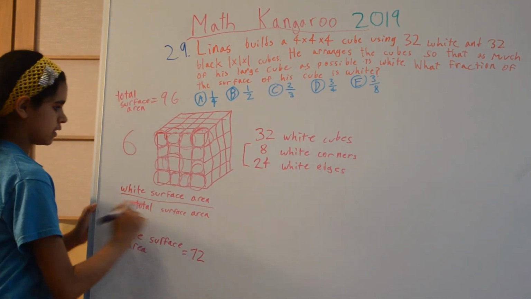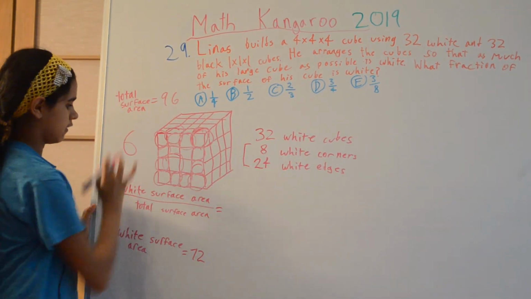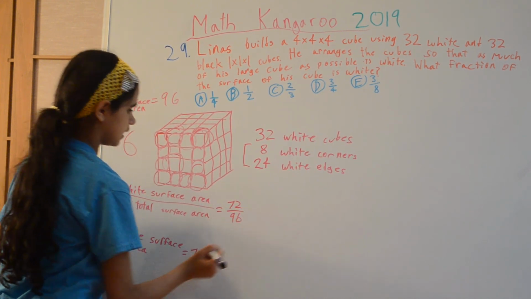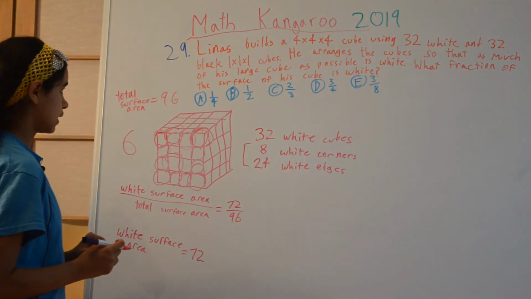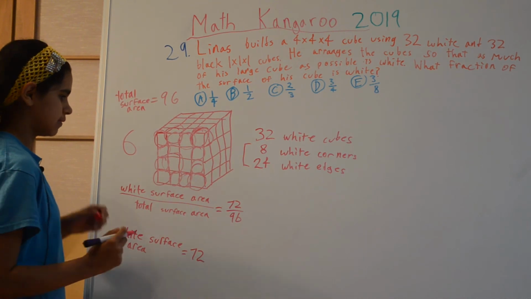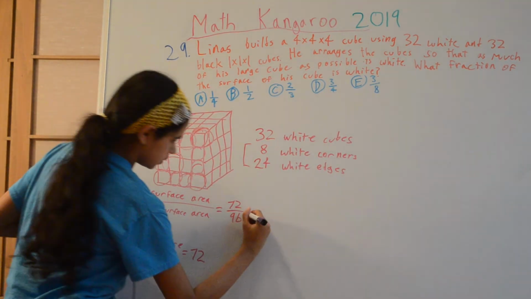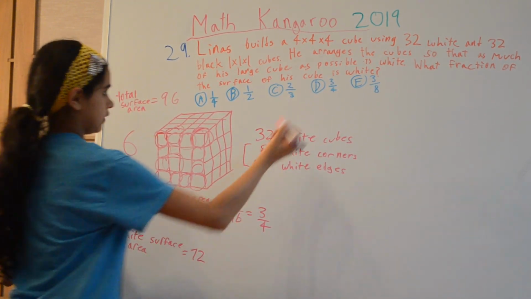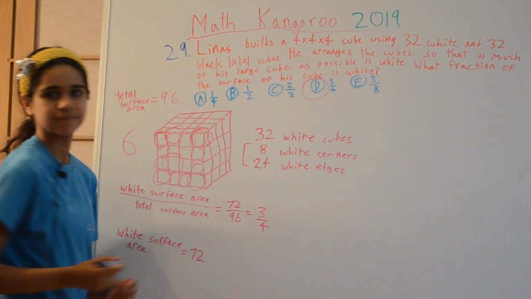So the white surface area over the total surface area, now that we have both numbers, is 72 divided by 96. And we can simplify that to 3/4. That's answer choice D. Thank you.